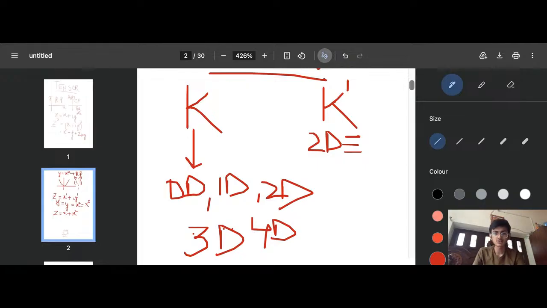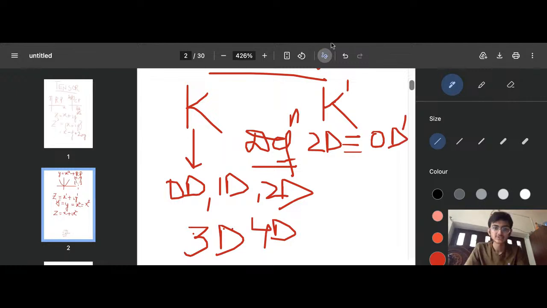So this is our definition, that we defined 2D as our starting study of dimensions in the new dimensional system, that is 0D dash.